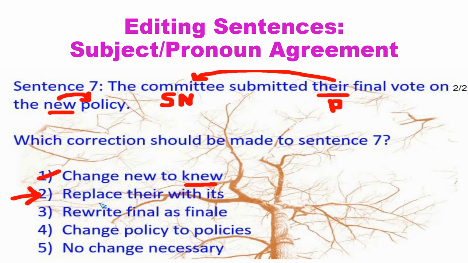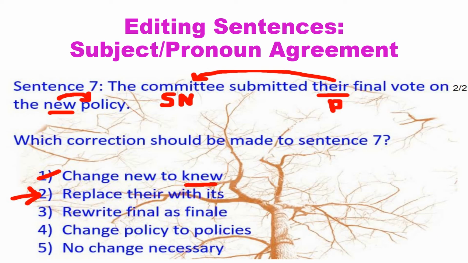We do need to change or replace their with its so that our subject and pronoun will agree in terms of its number. We have a singular subject, and so therefore we need a singular pronoun. So then our sentence would read, the committee submitted its final vote on the new policy.